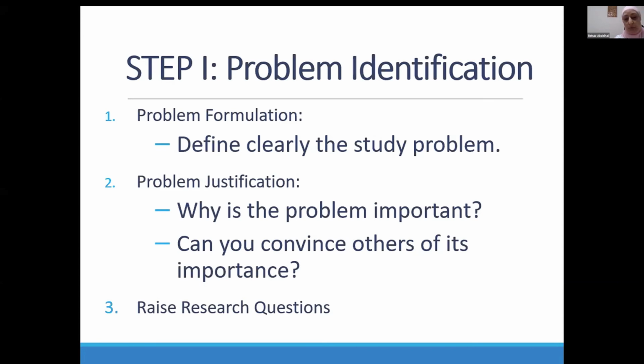And the second point is about convincing others, which is also important in the ethical approval and for funding reasons. If we would like to fund our research, then it's very important that we convince our donors to put money into this research. Is everyone okay with that?